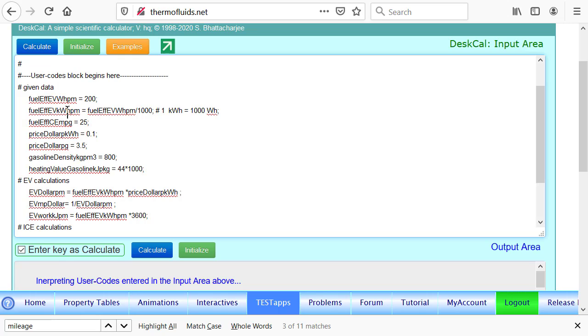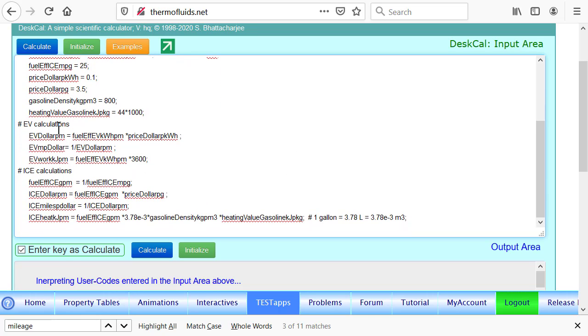Fuel efficiency in kilowatt hour per mile would be that divided by 1000. One kilowatt hour is of course 1000 watt hour. Sorry, this is not a standard SI unit, but it is a standard unit for pricing electricity, kilowatt hour. Similarly, all the other given variables, I have named with a unit at the back, so it's pretty much readable.